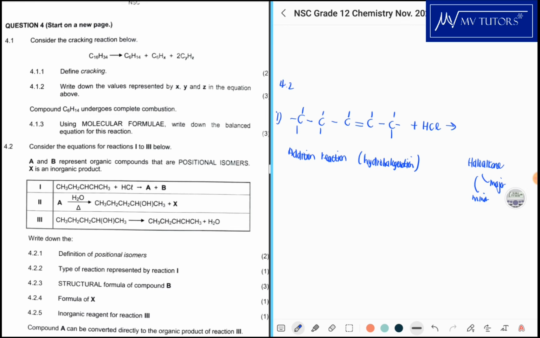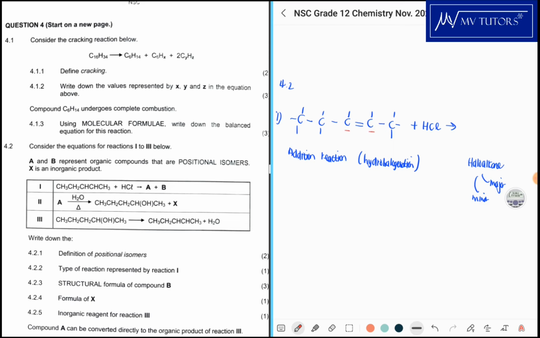How do we first get the major product? You're going to have to use Markovnikov's rule. And what does Markovnikov say? He said that for the major product, you have to look at which carbon has more hydrogen atoms. The one that has more hydrogen atoms, there you place your hydrogen. That is the major product. So if I look here, this carbon has 1, this carbon has 1.